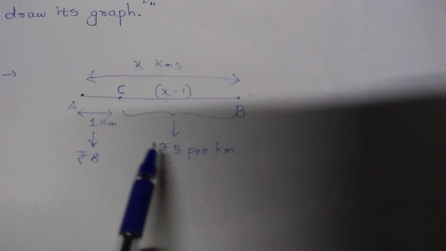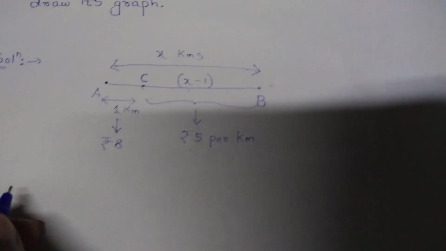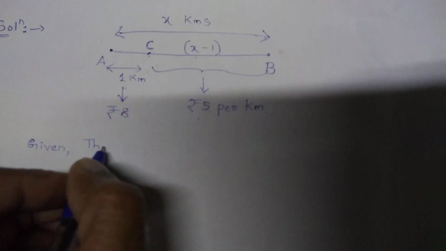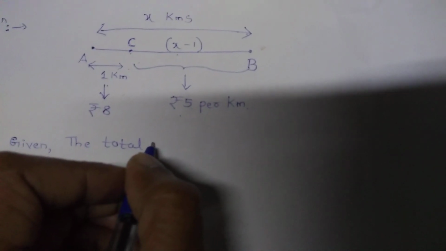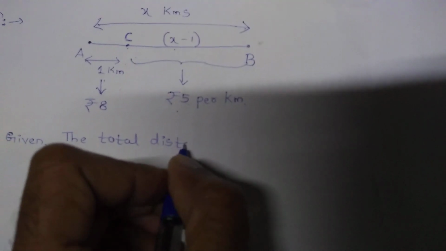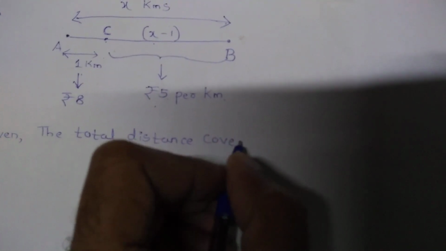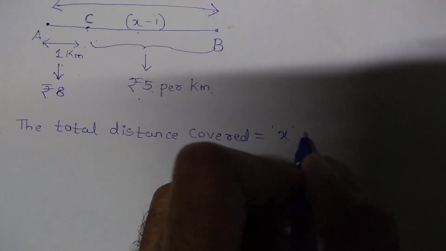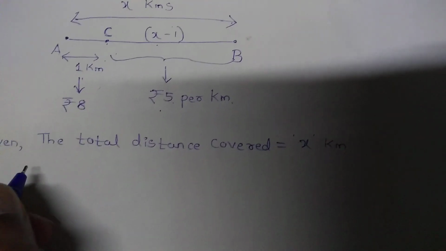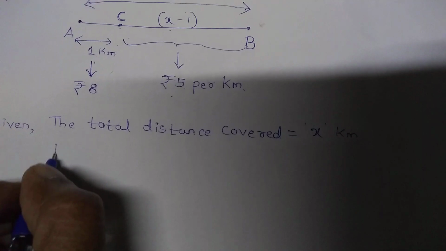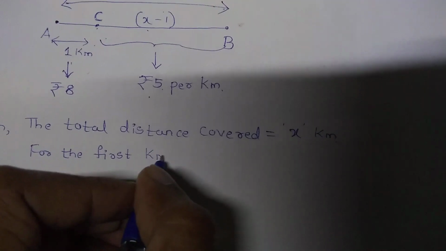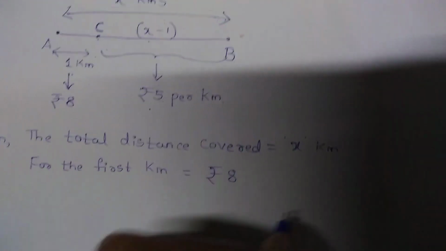Now we will write the data of this whole diagram with what we have discussed so far. Given, the total distance covered is x kilometers. For the first kilometer, the fare is rupees 8.